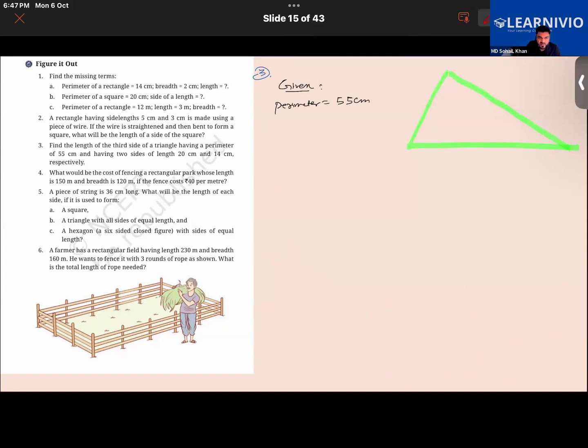Basically, everything will be length here. So let's say this is 20 centimeter, that is 14 centimeter. What is being asked in the question? Find the length of the third side. Like, how much is this? It's an easy question. You solve it yourself quickly.